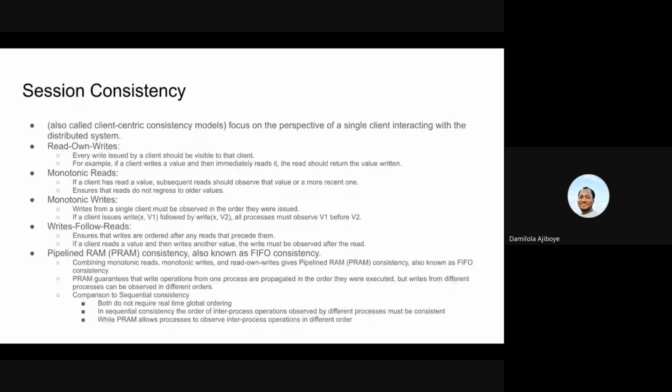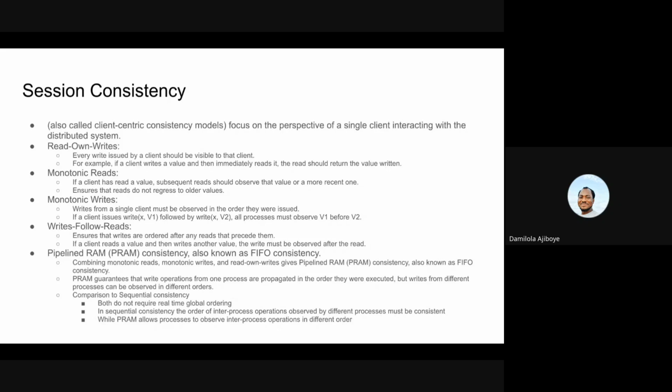This says that for a client interacting with the network, if the client issues a write and then immediately issues a read, that read should return the write that client wrote. This is very important because of how updates propagate across the network.